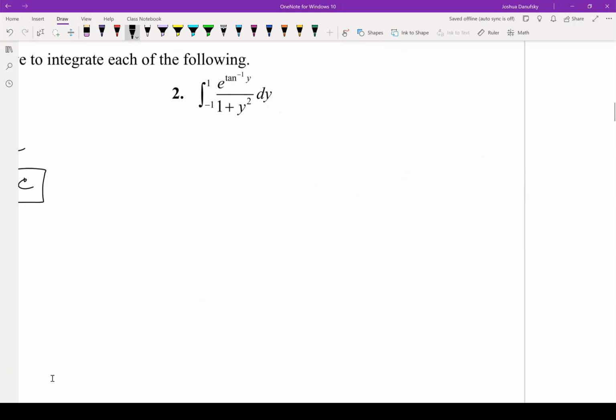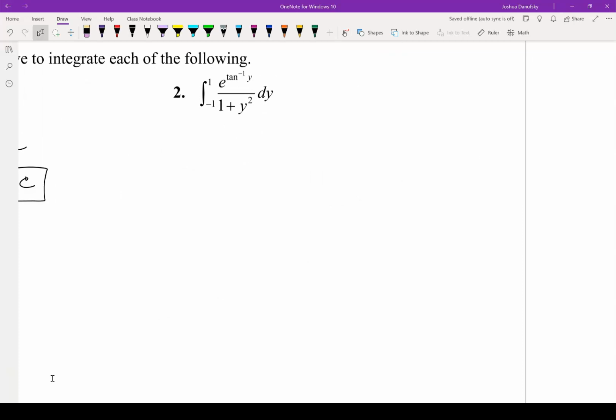Number 2, the integral from negative 1 to 1 of e to the tan inverse y over 1 plus y squared dy. Again, we want to look for a u sub, and hopefully we remember that the derivative of tan inverse y is 1 over 1 plus y squared. So if we let u equal tan inverse y, du is equal to 1 over 1 plus y squared dy.